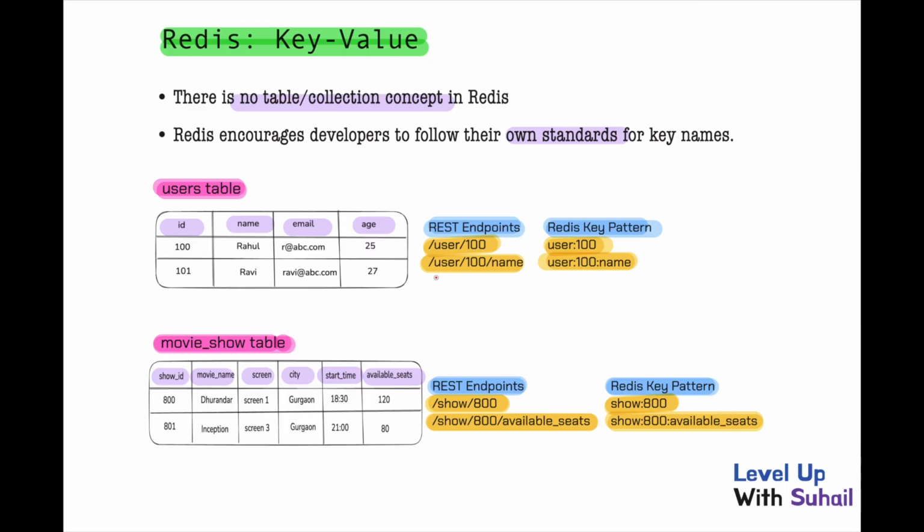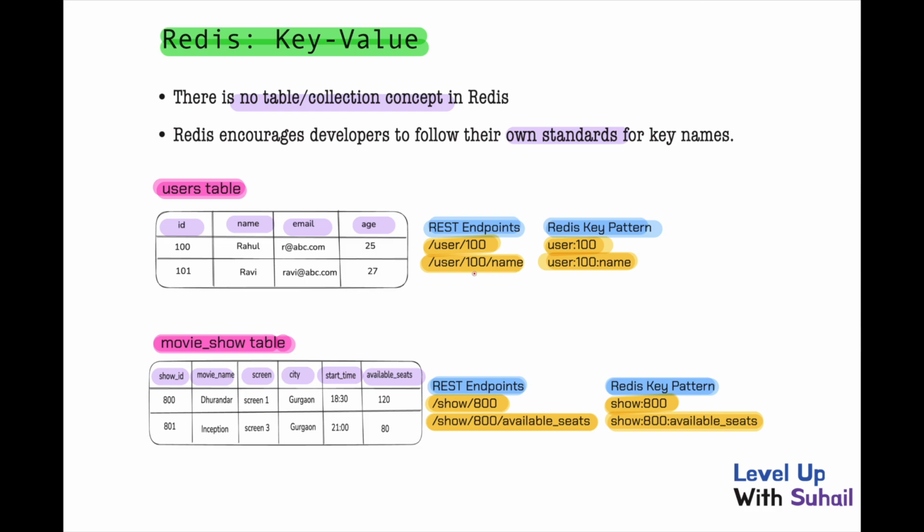You expose another endpoint with the particular column name, for example /user/100/name, so that it can be used by all the other services.